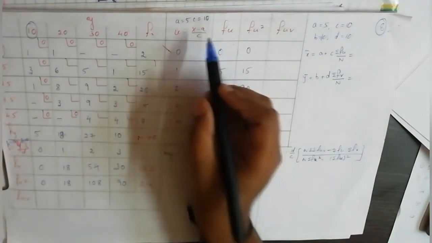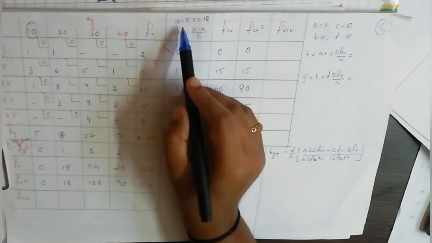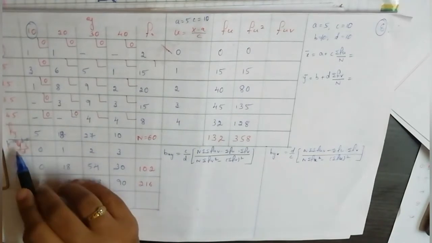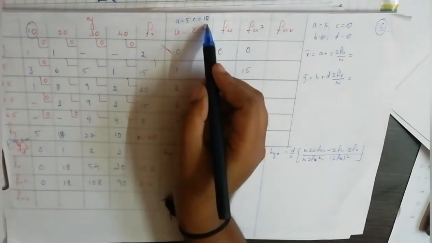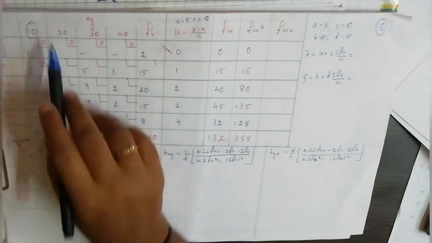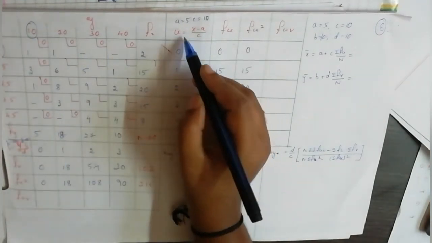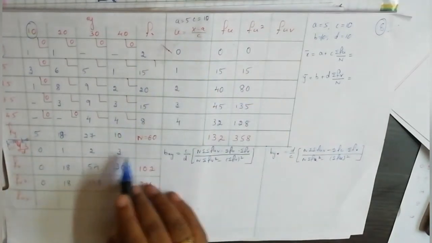So now u is equal to x minus a by c formula. So we'll take a as the first value of x, that is 5, and here b as the first value of y, that is 10. And here c is nothing but the width. Here width is 10 and d is the width of y interval. Here also width is 10. So now if we simplify u and v, we'll get the values as 0, 1, 2, 3, 4. Here also 0, 1, 2, 3.